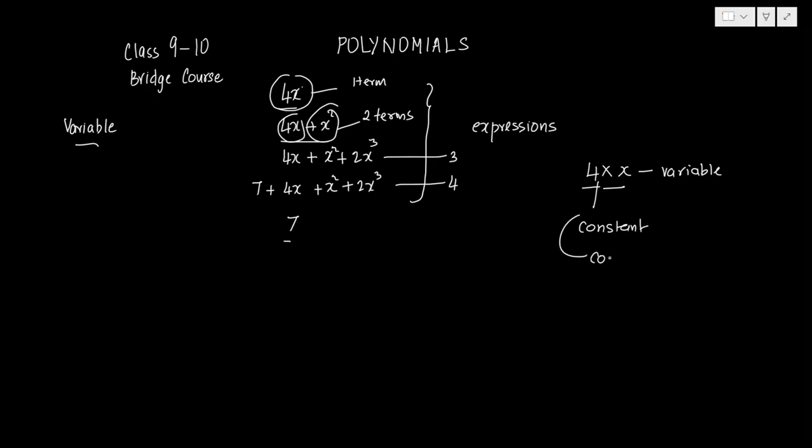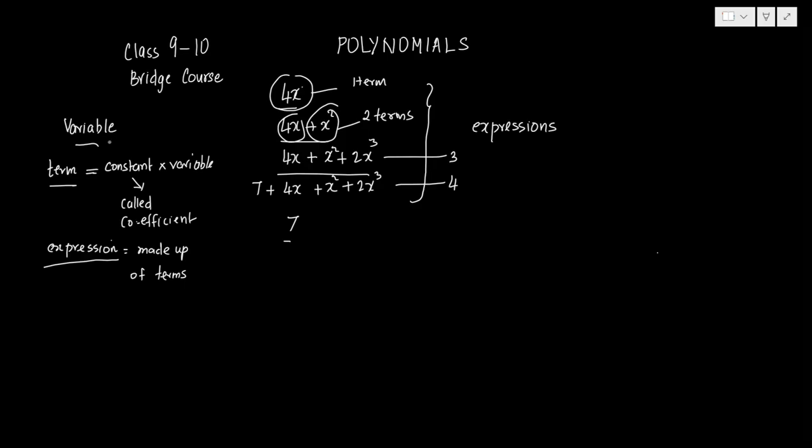It is called the coefficient of x. So if I take this expression here, 4x plus x squared plus 2x cubed, 2 is called the coefficient of x cubed, 4 is called the coefficient of x, and in this case, the coefficient of x squared is 1 because x squared can be written as 1 into x squared.